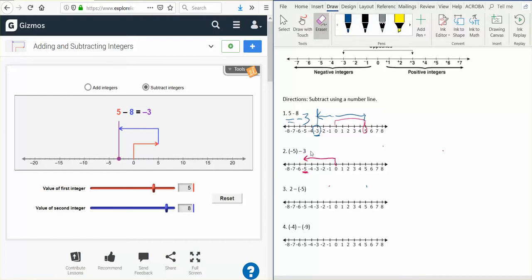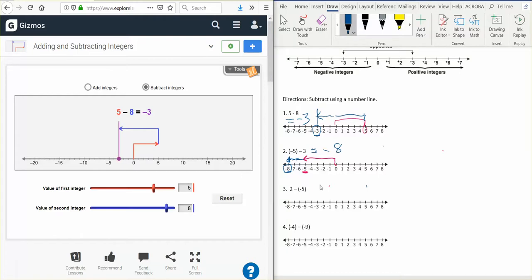I need to go 3 more to the left. Starting at -5, I have to go 1, 2, 3 units to the left. And I stop at -8. -5 minus 3 is -8.